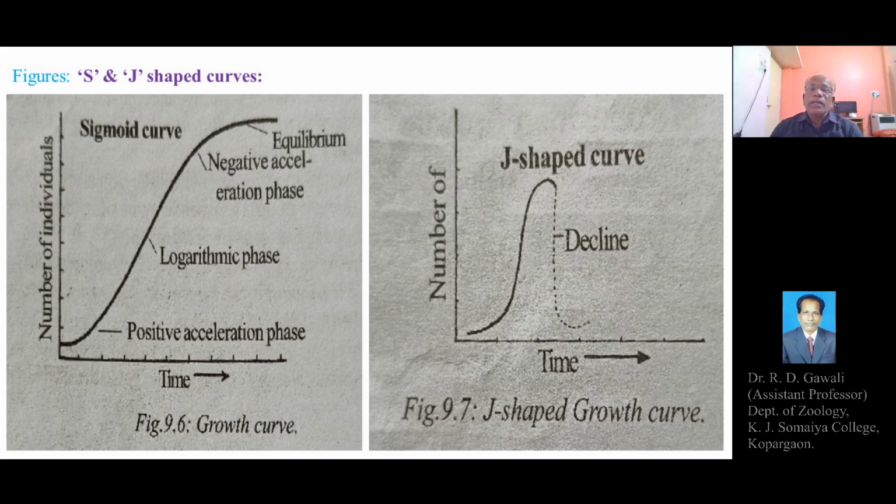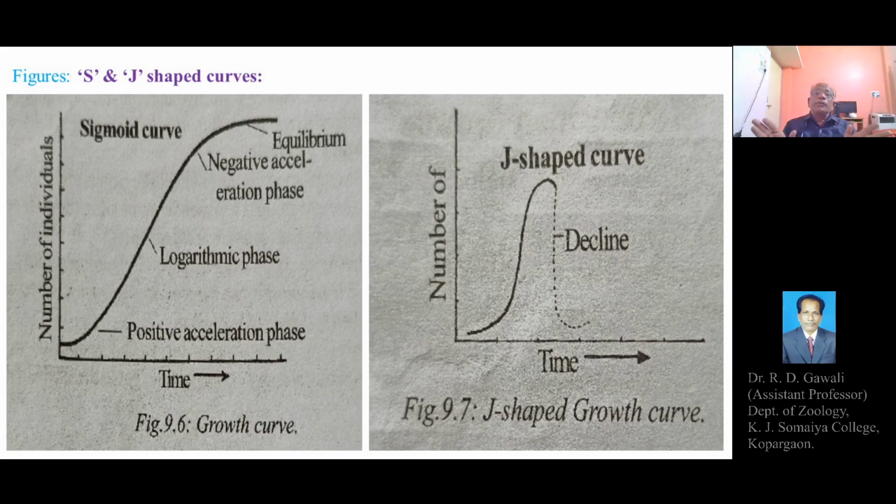In the second type of growth curve, the J-shaped growth curve, see in the second figure, the number of individuals is plotted against time, representing a J-shaped curve.